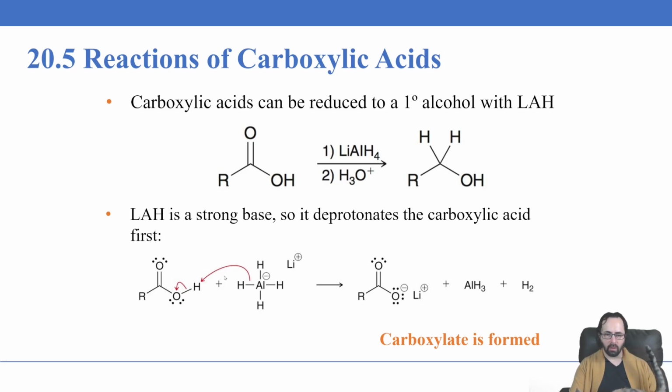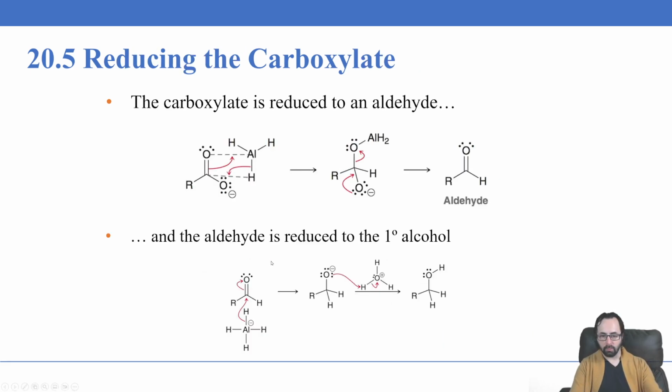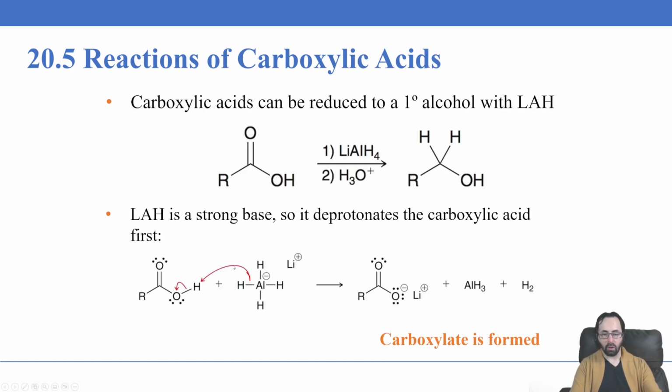And when it does, it leaves as a hydride ion. So note that this is very different from a proton transfer, in which a proton leaves with no electrons. In this case, the hydride leaves as a hydride ion, so you've got both of the electrons coming over with the hydrogen.